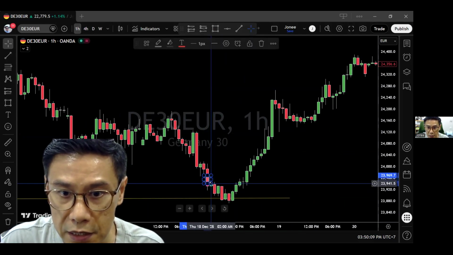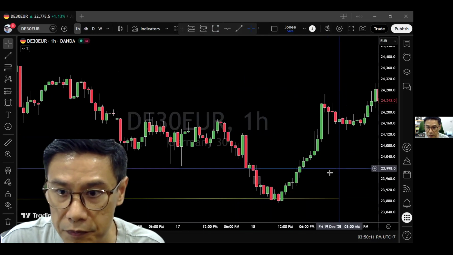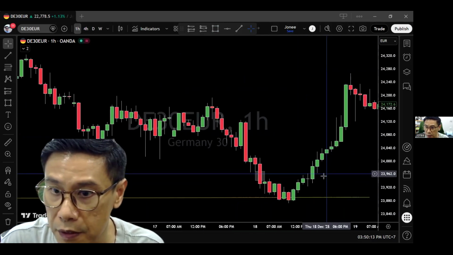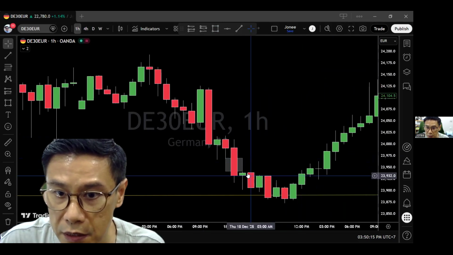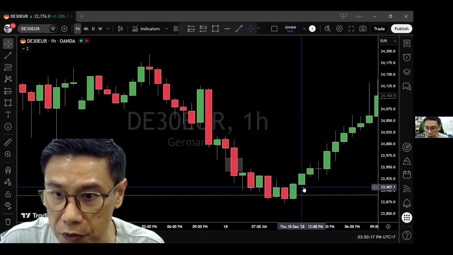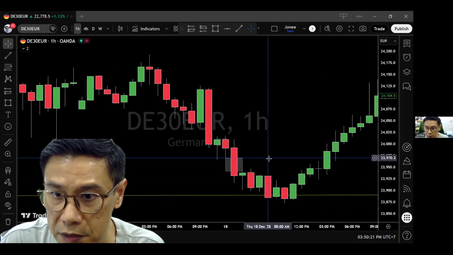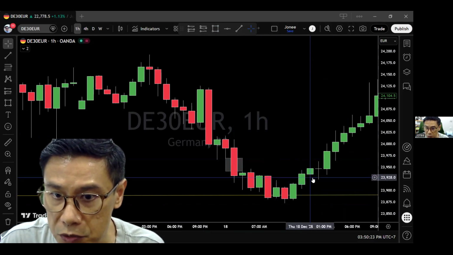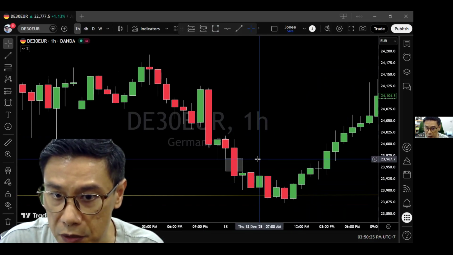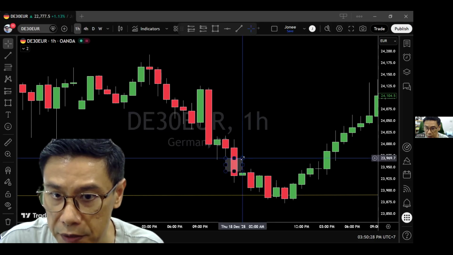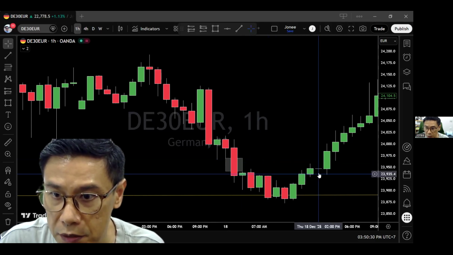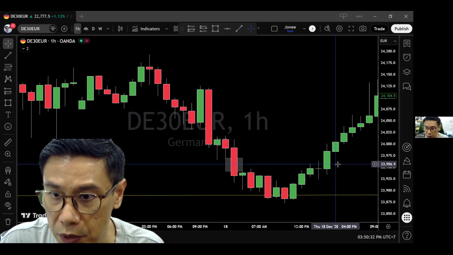And this is that gap right here. Okay, so you can see that. Then after that, we look for a bullish gap, which would close above this. So definitely not this one, because this one did not close above that bearish upper border. So we look for another one, which is this one.